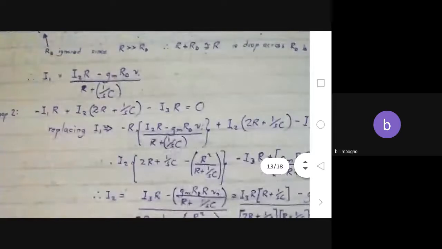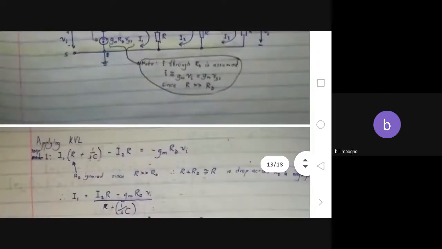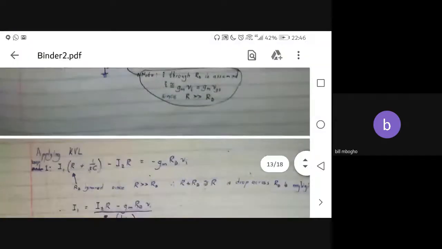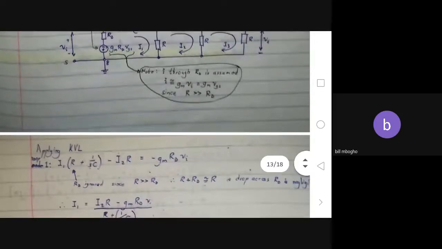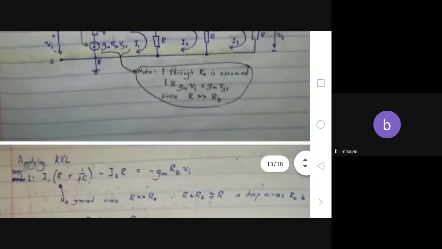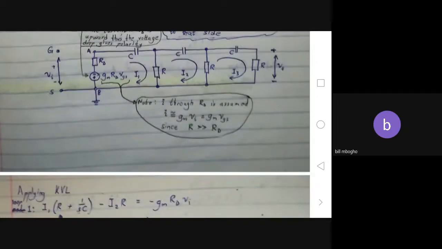Then you're supposed to apply KVL on the circuit, for loop 1, loop 2, and loop 3. For loop 1, there's something else you need to note. You see I1 goes through RD, C, and R, but in the calculation there's no RD in the I1 part. That's because RD is ignored, since it's a lot smaller than R, so it won't appear there.